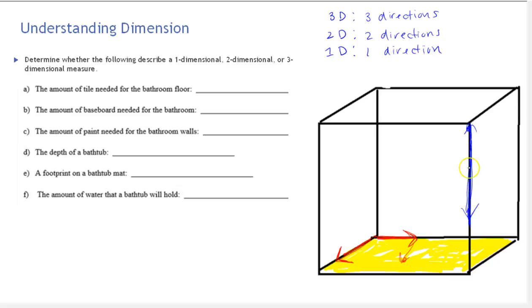So again, I know you can go up or down, but this is just one dimension along a line. So you can think of one direction or one-dimensional as a line. You can think of two dimensions as two directions, and let's think of that as the bottom of the box. And three directions or three-dimensional would be anywhere in the box.